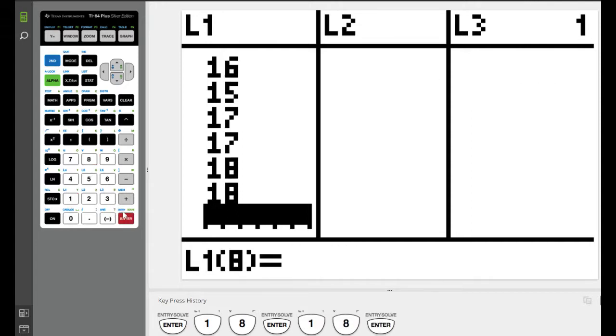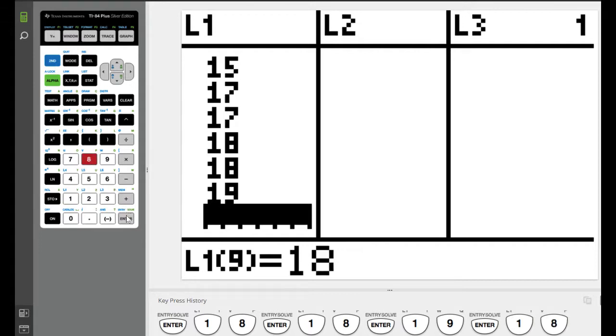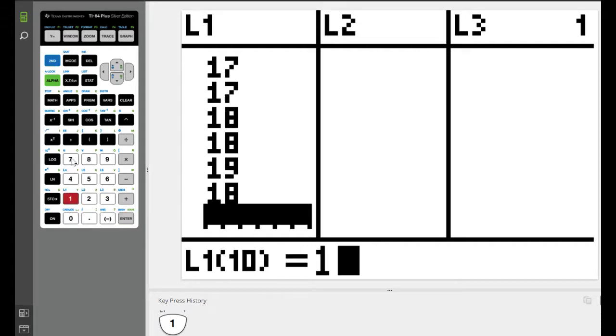What were the other ones? 19, 18, 17. Okay, and we can see that we have now 10 entries. You can see it by the L1 of 10 there. All right, so we have 10 entries.